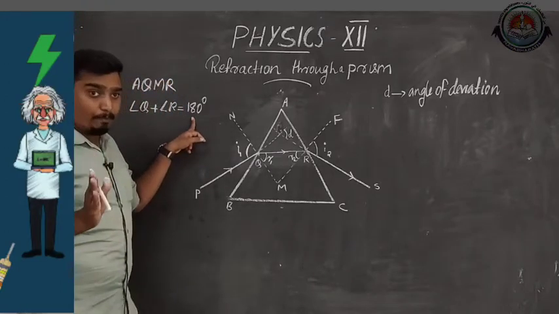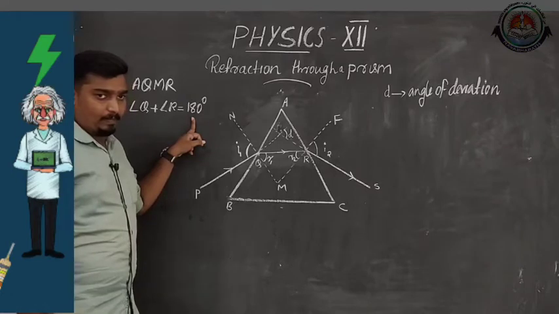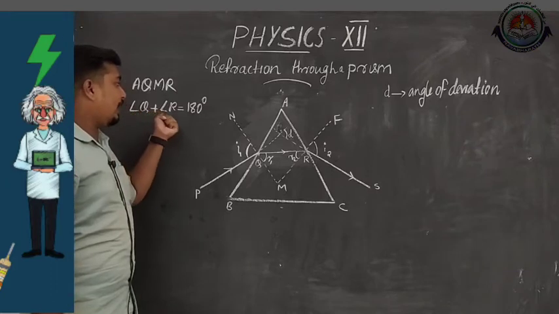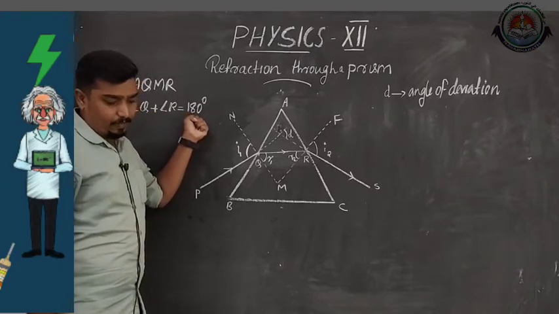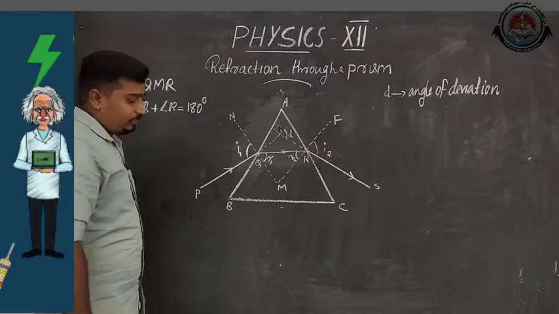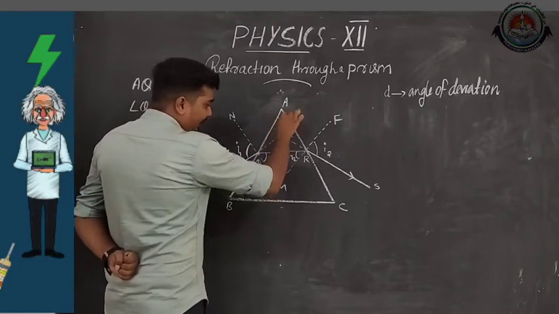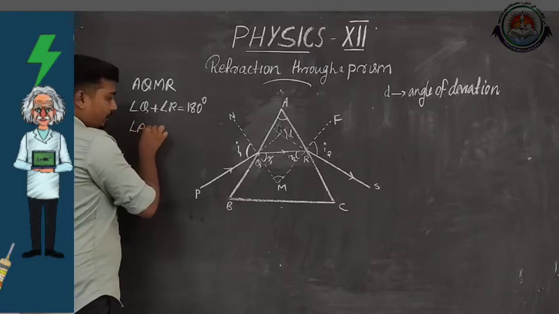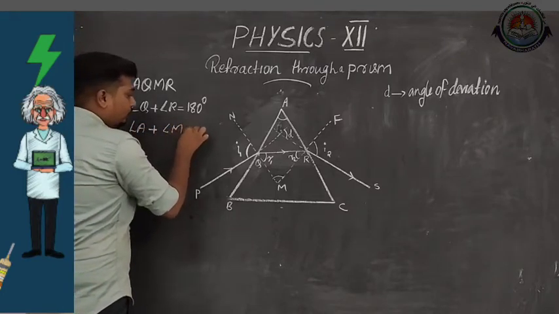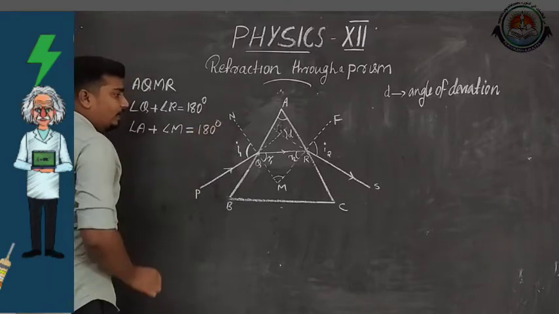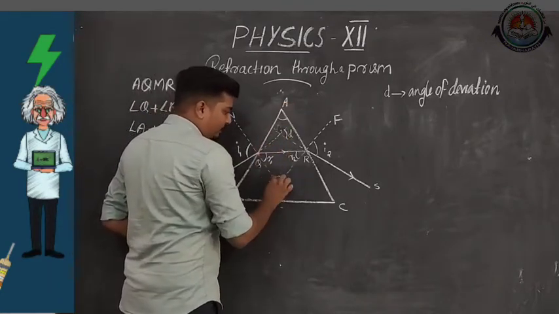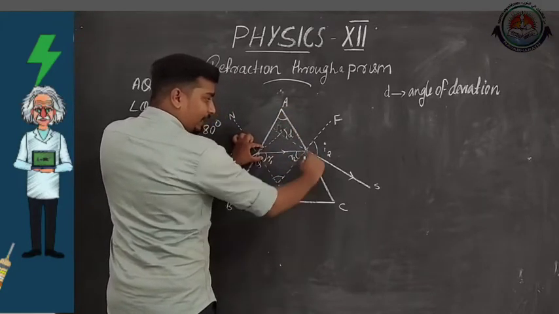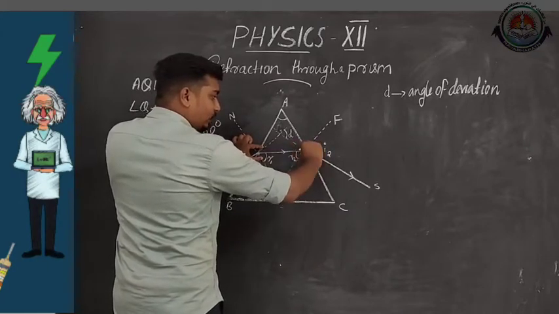Since FM and NM are normals, angle Q plus angle R equals 180.